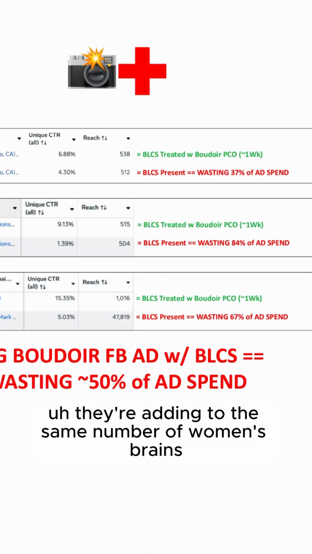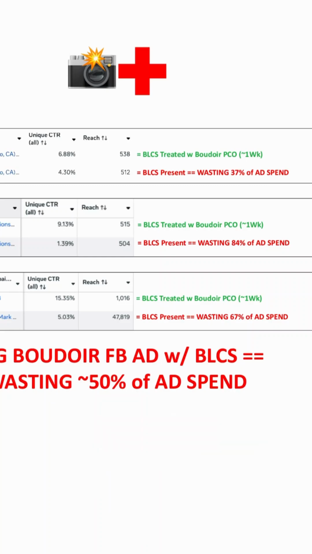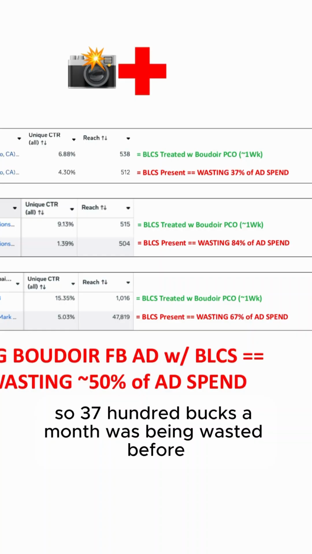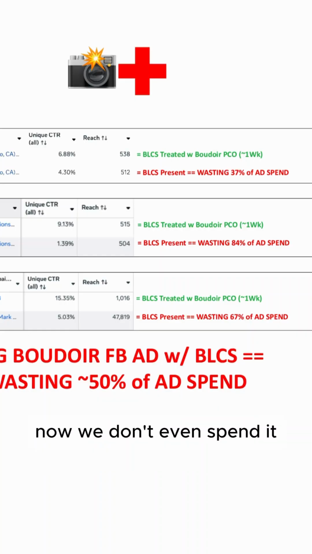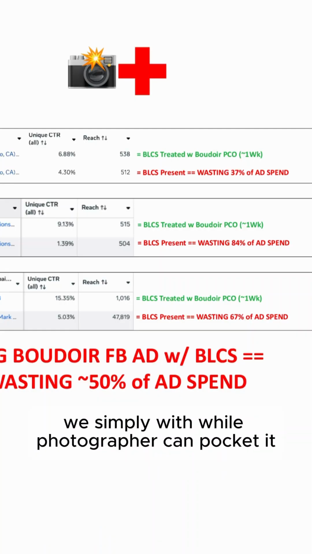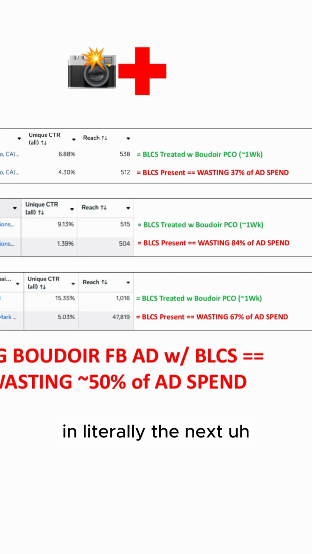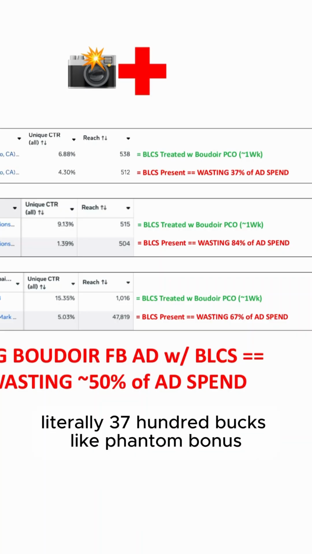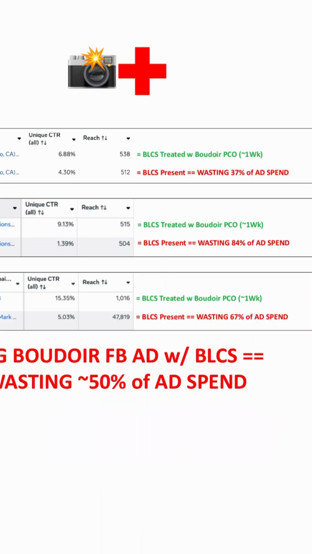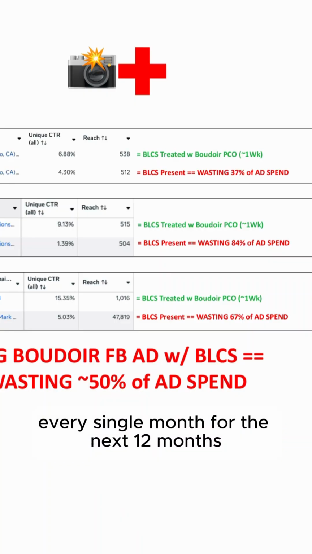They're adding to the same number of women's brains each month. So $3,700 a month was being wasted before. Now we don't even spend it. The Boudoir photographer can pocket it. That's literally like a 40K bonus over the next 12 months. Literally $3,700 like phantom bonus every single month.